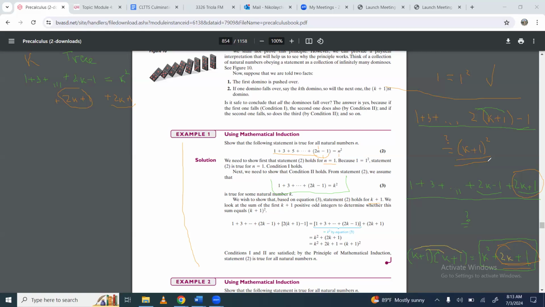And that's the usage of this method, to show that it works for all of these countable terms. So you can count 1, 2, 3. You just show it works for the first, and then it works for next, for next, for next, and then it works for everything. That's the idea behind this method.